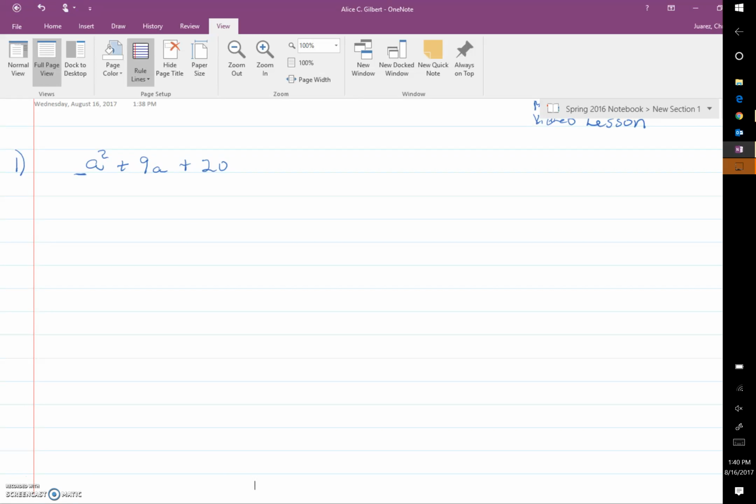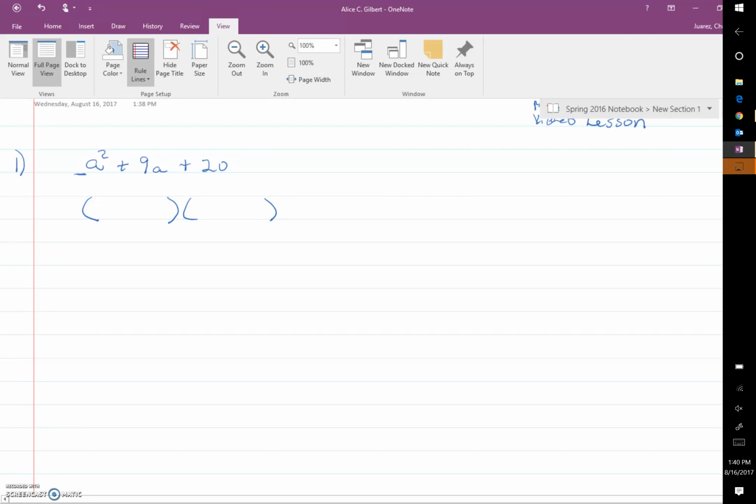So the number in front of the letter is always called the coefficient, and if there isn't one showing, it's an invisible 1, okay? So this is the only time when we start with a double bubble, okay?